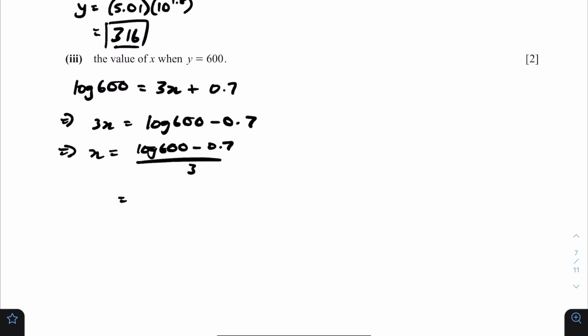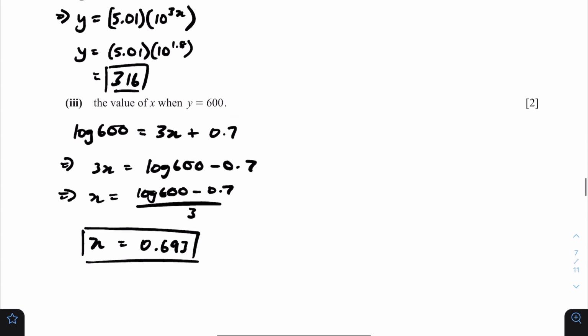Log base 10 of 600 is equal to 2.778, etc., minus 0.7, divided by 3. So therefore, x is equal to 0.693.